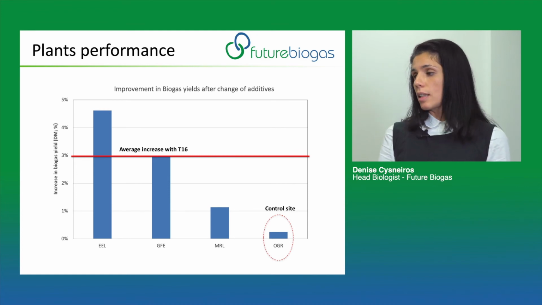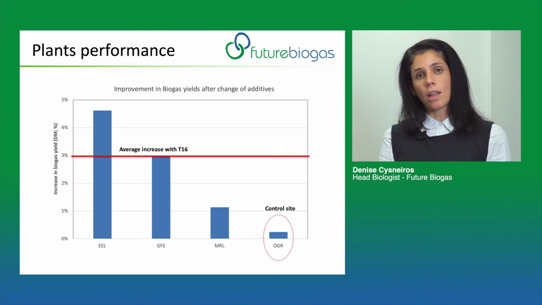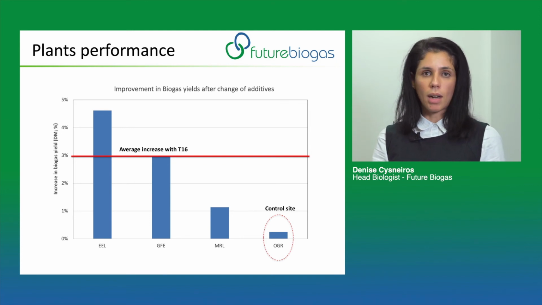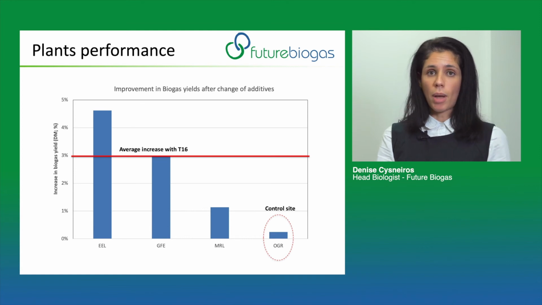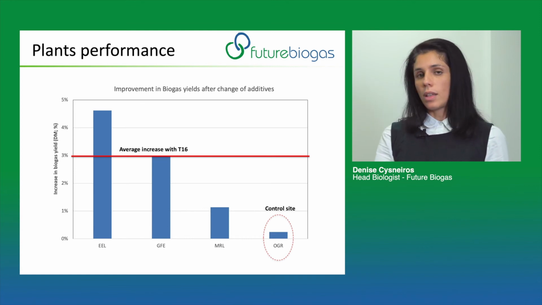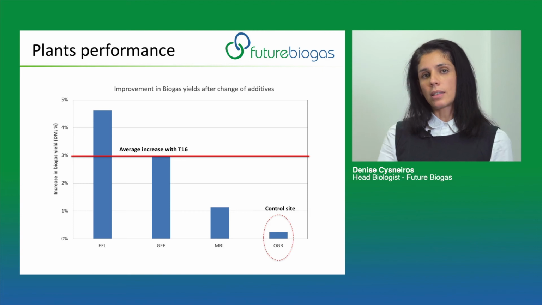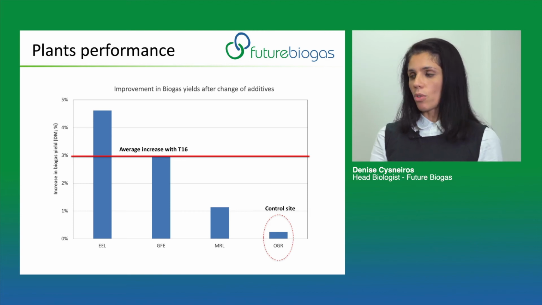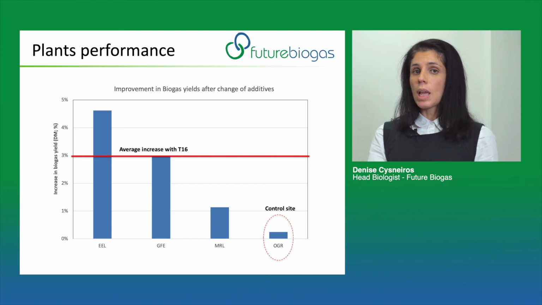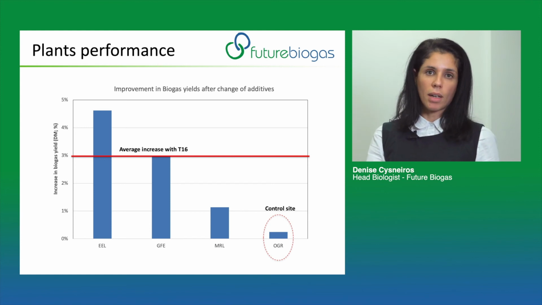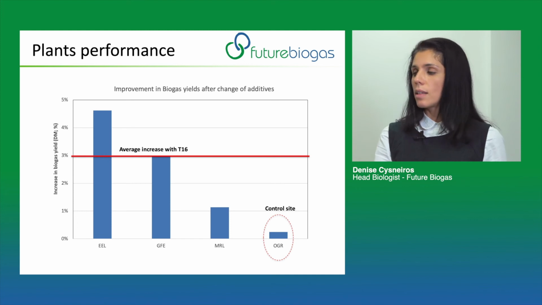You can see that the sites where the T16 was applied had a higher improvement or had a higher increase in biogas production. Again, once more, I highlighted the control site. So you have Oak Grove. Again, it had an improved performance, but not as pronounced as the other sites.